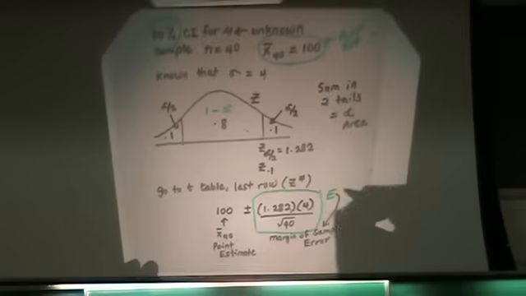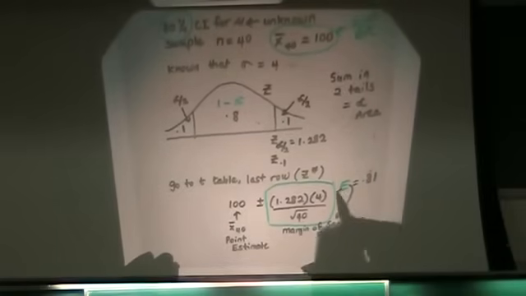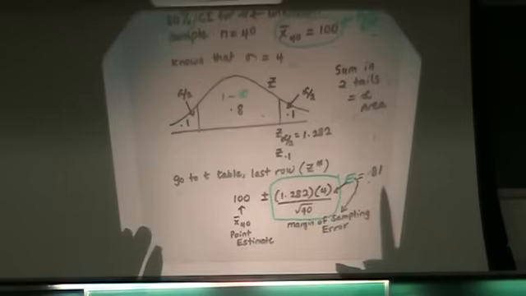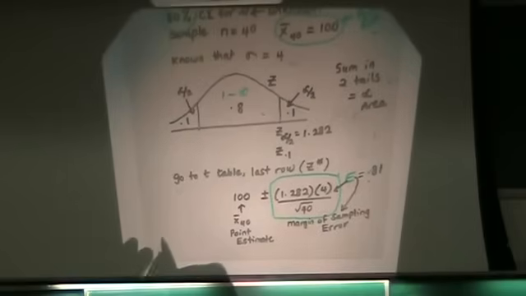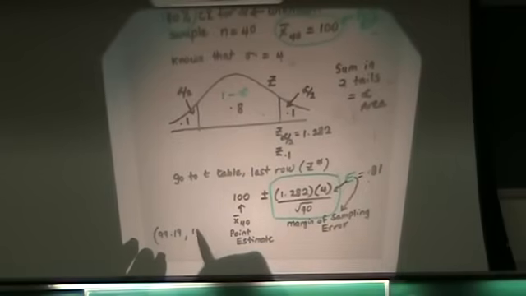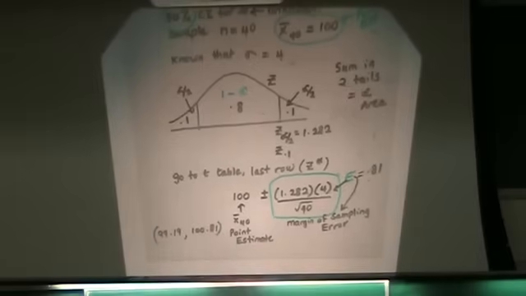Okay. So all I have to do is say 100 minus 0.81, which is 99.19, and 100 plus 0.81, 100.81, and that's my final answer.